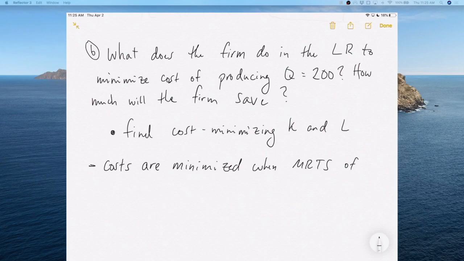All that means is that we're going to put the wage rate on top of the rental rate, and that's going to be the marginal rate of technical substitution.